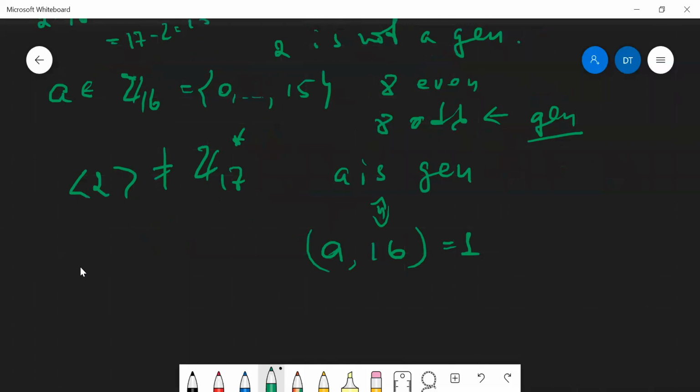But what are the prime factors of the number 16? 16 is 2 to the power of 4. So being co-prime with 16 is the same thing as being co-prime with 2.